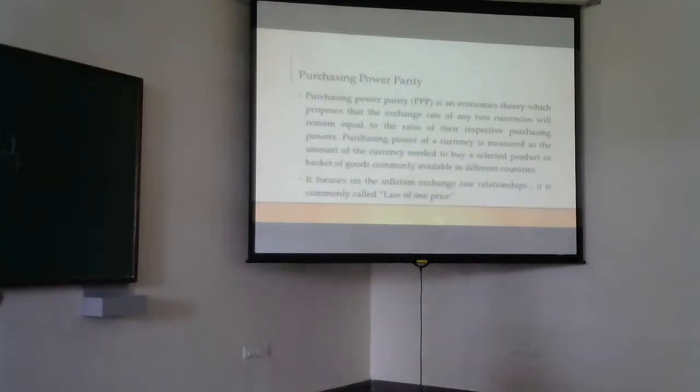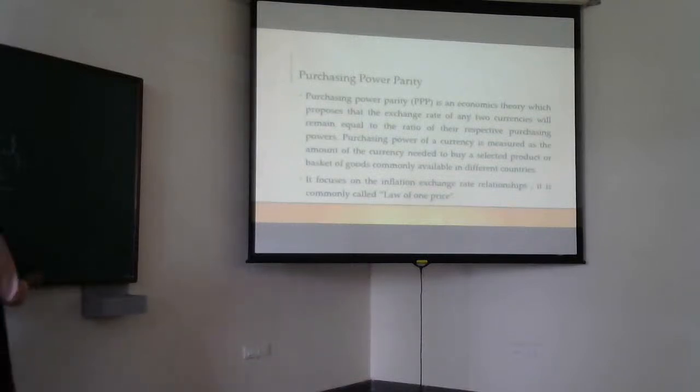What exactly I explained to you in the previous class: how are we determining purchasing power parity? By understanding, if we are talking about any particular product, what exactly is the price that we are paying in any two particular countries?